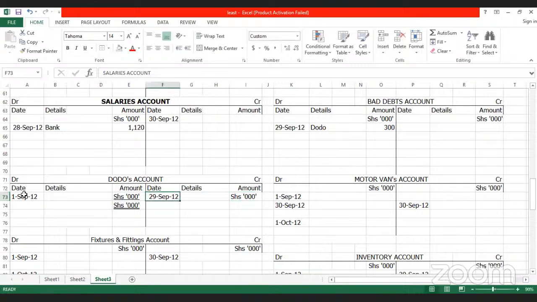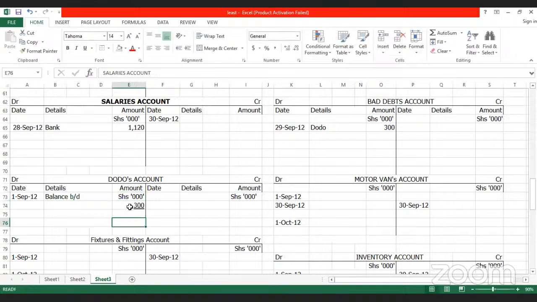And on 29th, when you first enter the opening balance in the account, because there was a balance on 1st September 2012, balance brought down. That balance is 300.